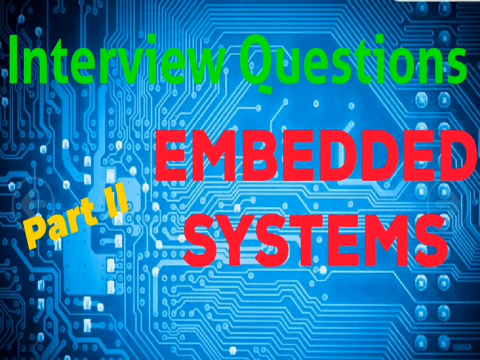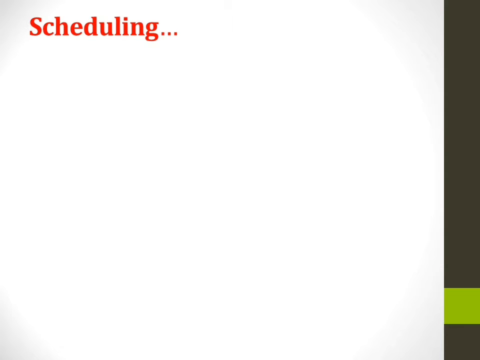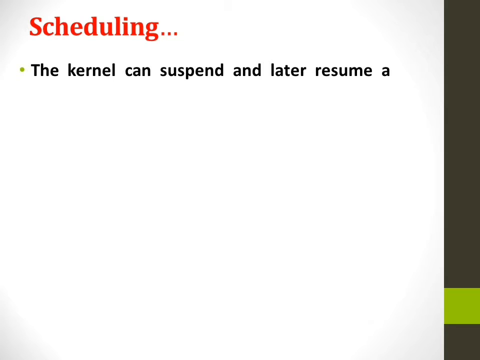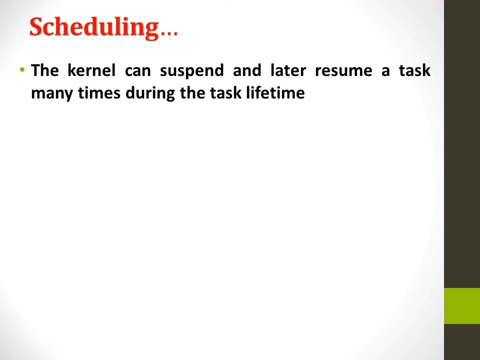Let's start. First question. Explain about scheduling. An operating system kernel can suspend and later resume a task many times during its lifetime. That means the core function of a kernel is to share processor time among different concurrent tasks.